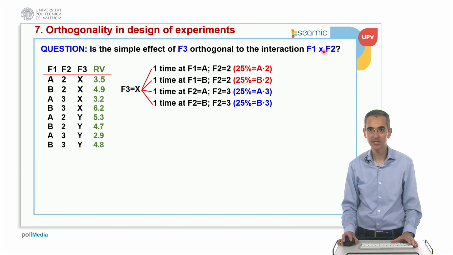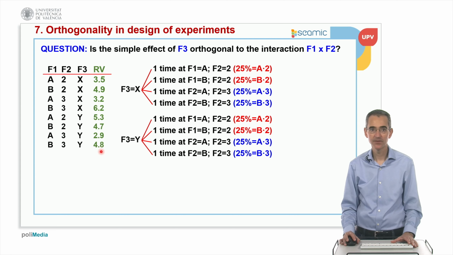Remember, it's just a way of expressing the interaction. As this is an interaction, we have 4 combinations, so we have to count how many times we have A2. It's just once. B2, just once. A3, also once, and B3, also once. So here we have that 25% of the times we have every one of these 4 possibilities.